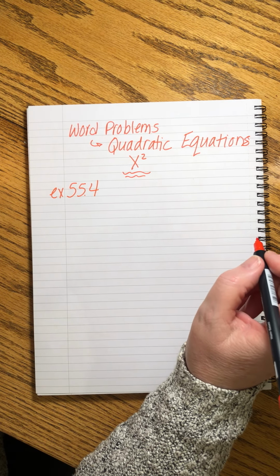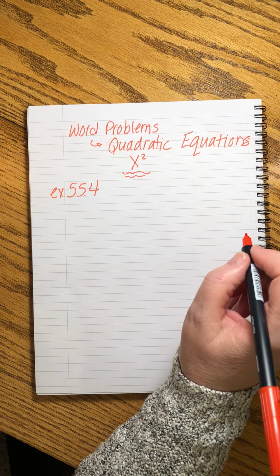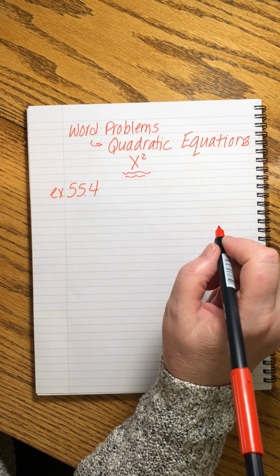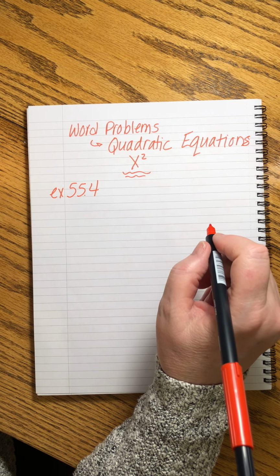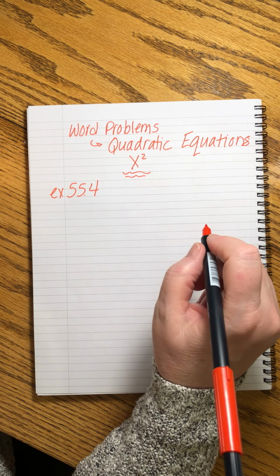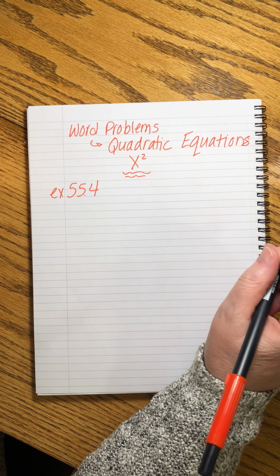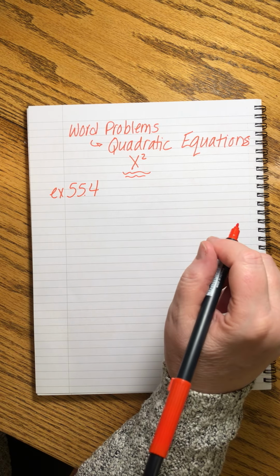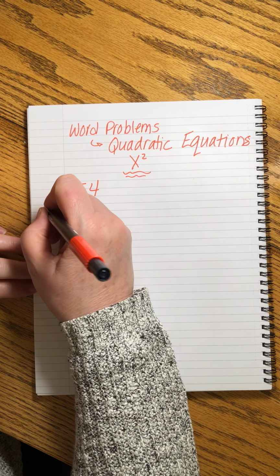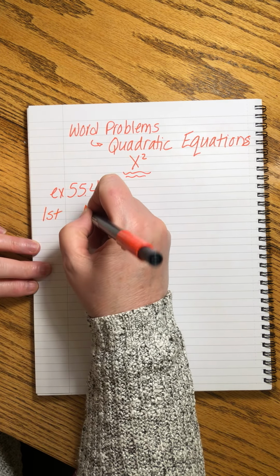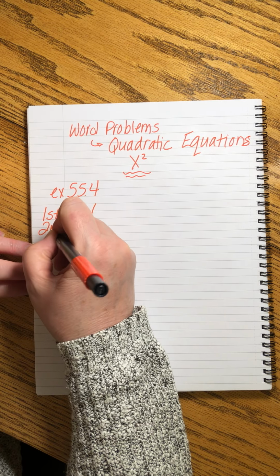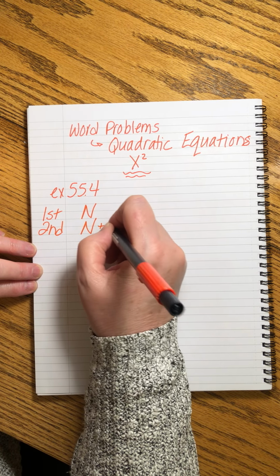Find 3 consecutive integers. Remember these problems? Such that the product of the first and the third is 4 greater, blah, blah, blah. I'm not going to read all that. All right, 3 consecutive integers. We remember how to set up the variable for these. The first one we'll just call n. The second one we'll call n plus 1.